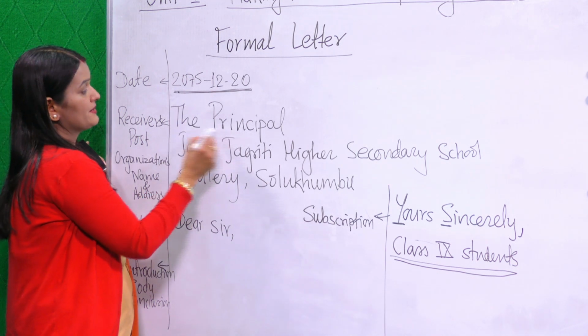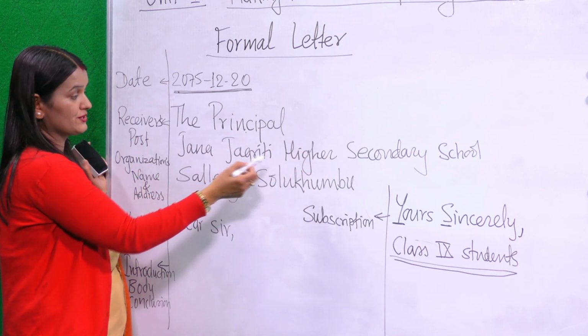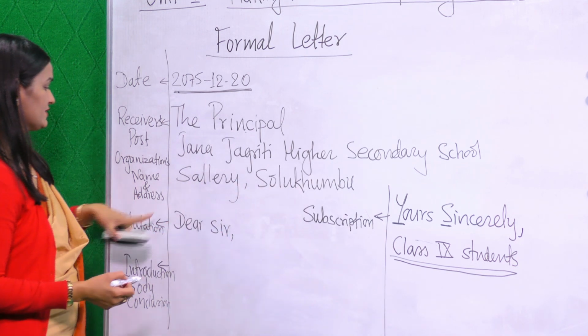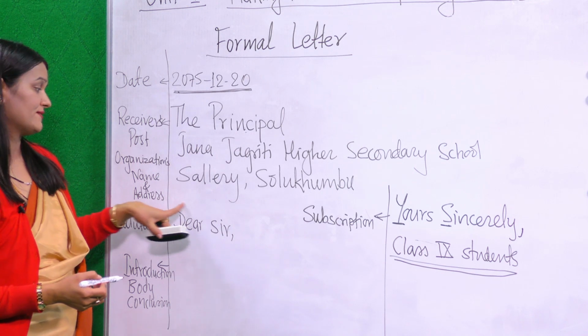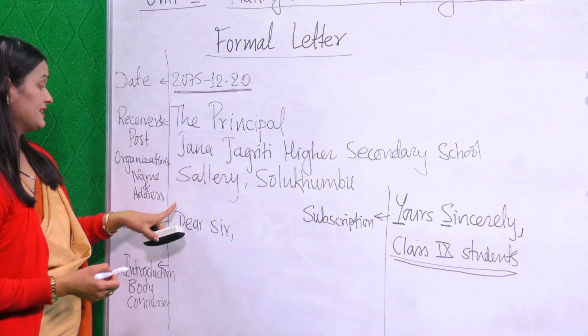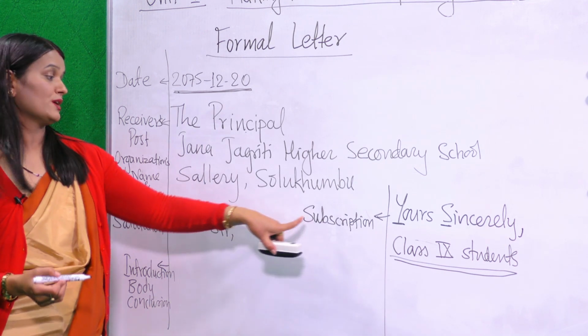Okay, so the principal, Jana Jagriti Higher Secondary School, this is the organization's, your school's name, and then the address of the school. Then after that, if you'd like to write the subject, you can write it. If you do not write it, also no problem. If you write the subject, then you can write request application for going to picnic.